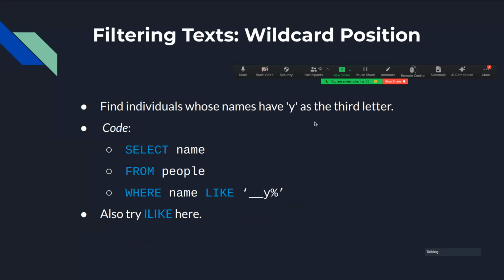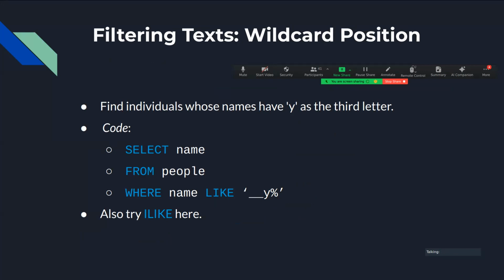So this part, specifically for this example, I just wanted us to see the different ways we can manipulate these wildcards using the underscore and the percentage sign. In this particular example, we want to find people whose name has the letter Y as the 3rd letter.